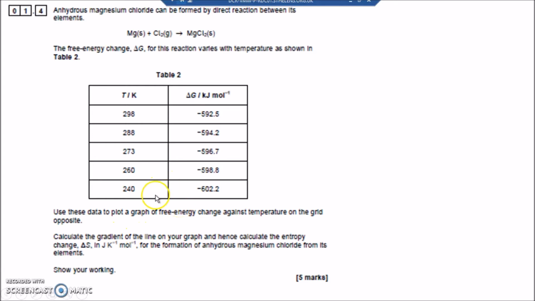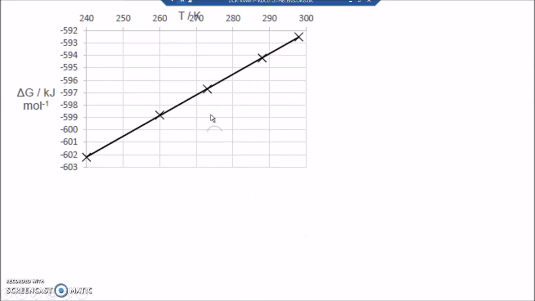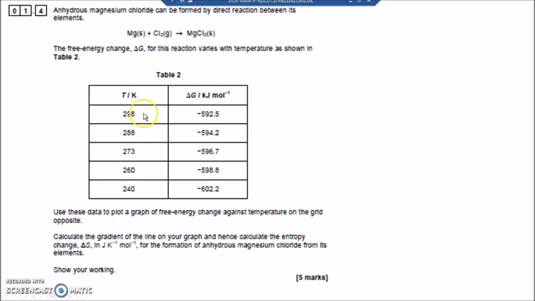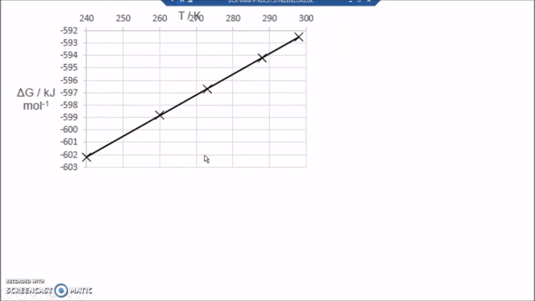So we've got to plot free energy change against temperature. Free energy change is down the y-axis and temperature along the x-axis. These values are coming down, it's minus 592 going down, and the temperature is going up.